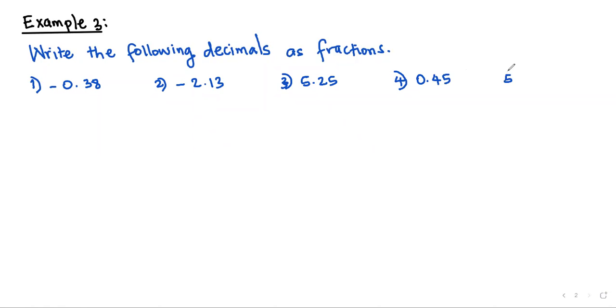Part 5, let's have 305.679. And part 6, let's have negative 213.77.